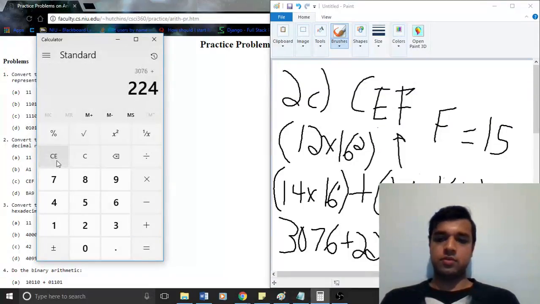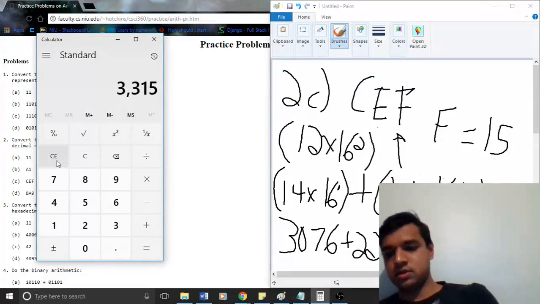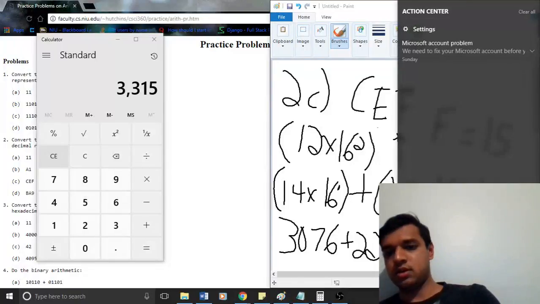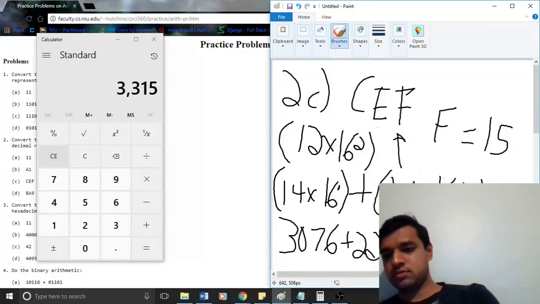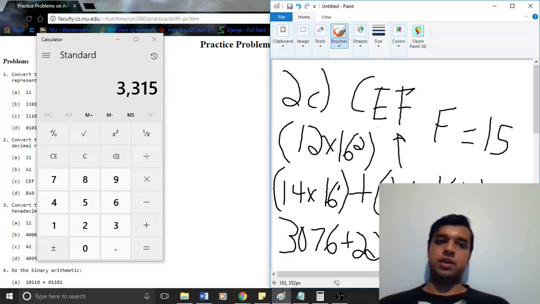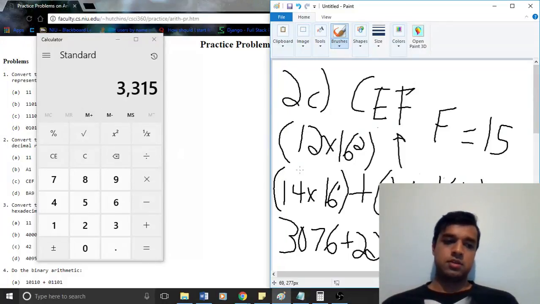Plus 224 plus 15, which will equal 3,315. Oh! And that will be the answer to 2C.